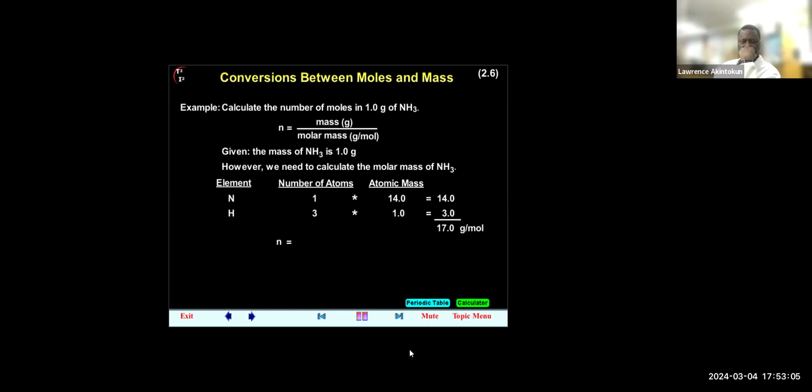N equals 1.0 divided by 17.0 equals 0.0588235. In the correct number of significant figures, the answer is 0.059.